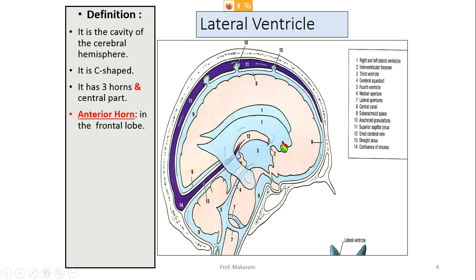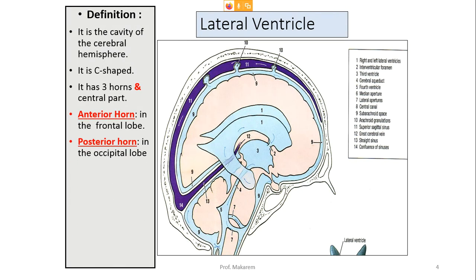Behind it is the posterior surface of the genu of corpus callosum. Then coming to the posterior horn.